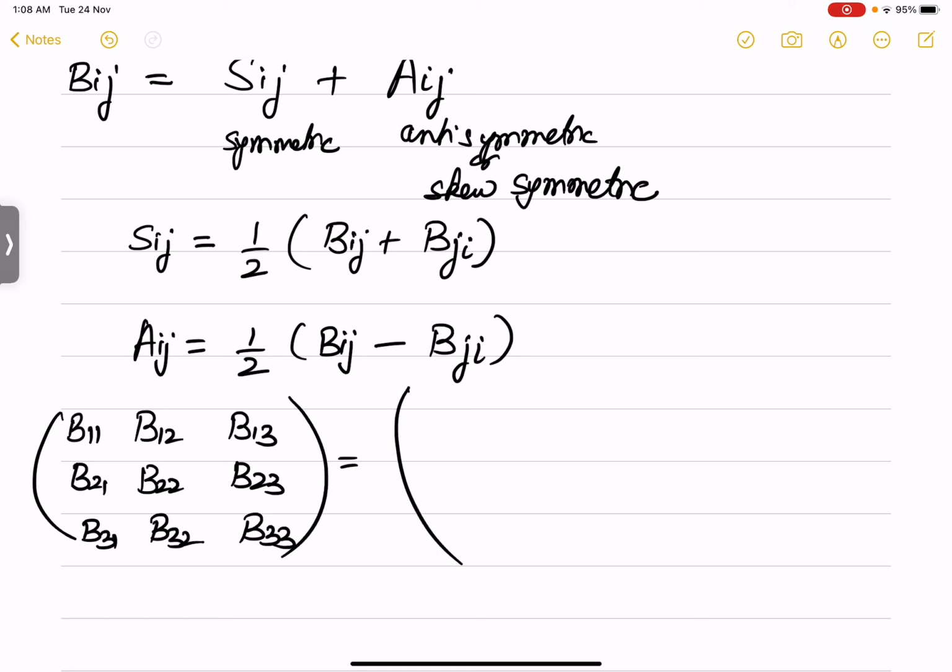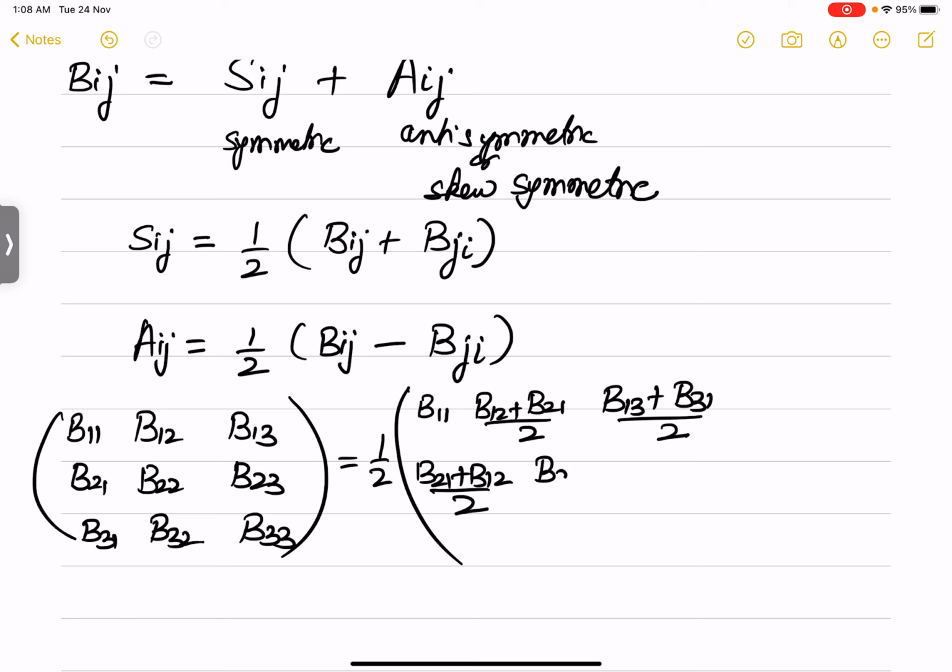And this we can write as half of B11, B12 plus B21 by 2, B13 plus B31 by 2. This one B21 plus B12 by 2, B22, and then we'll have B23 plus B32 by 2, B31 plus B13 by 2.